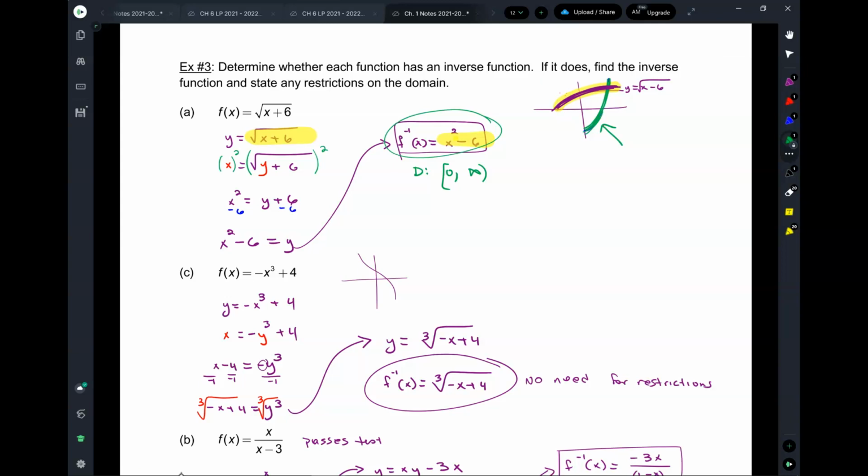And so when you take away half of the parabola, what have you got left? You've got the region from 0 to infinity, so that's your domain. By doing this, you're actually saying, okay, x squared minus 6 is a parabola, but we don't want all of it. We only want from 0 to infinity, this half. That's what you're saying.